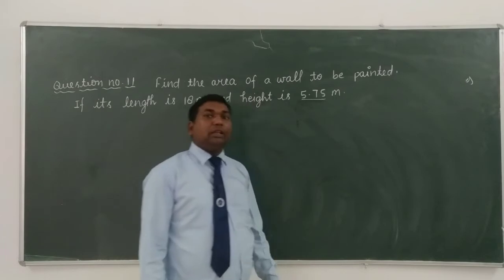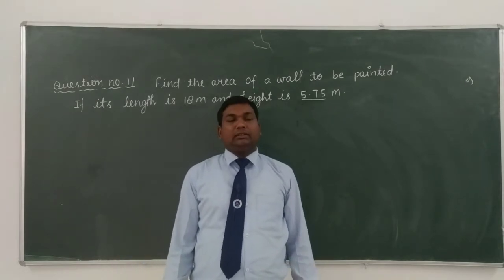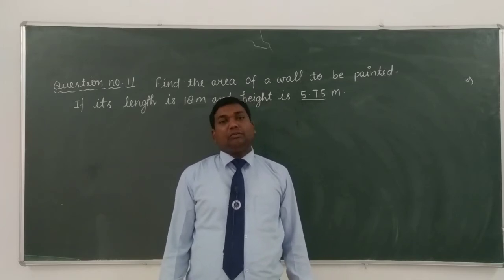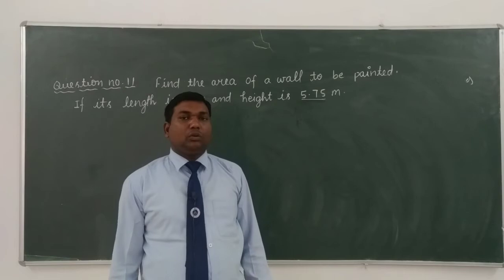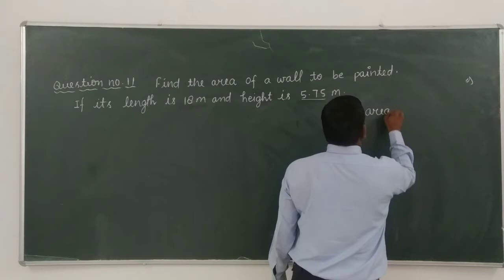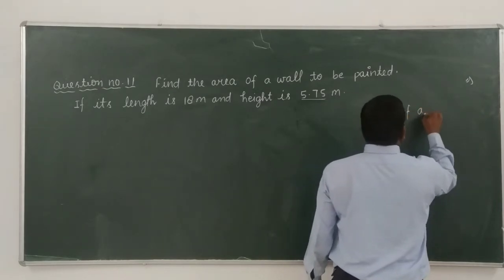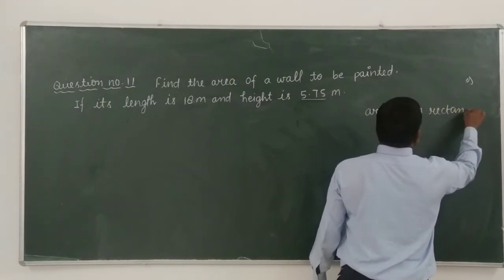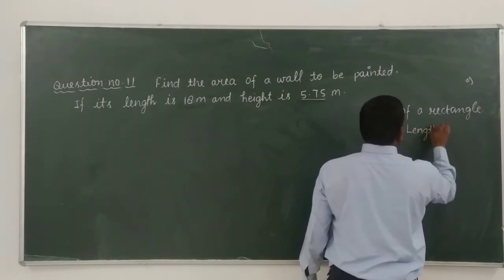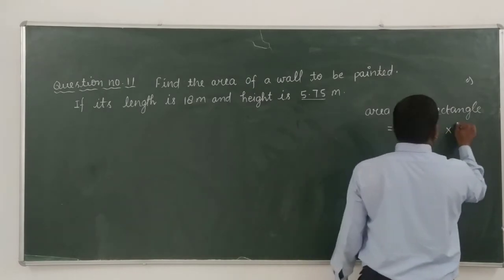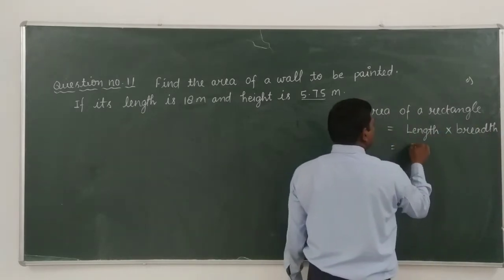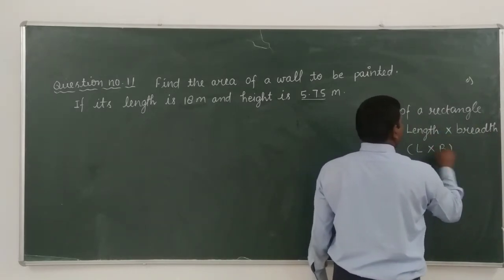We know that the area of a wall, it means the area of a rectangle, is equal to length into breadth. In short, we can write L into B.